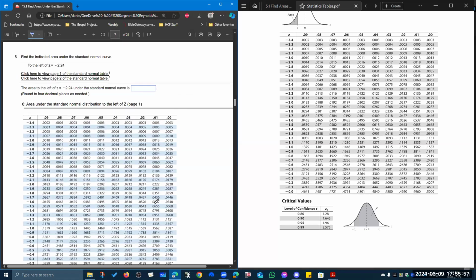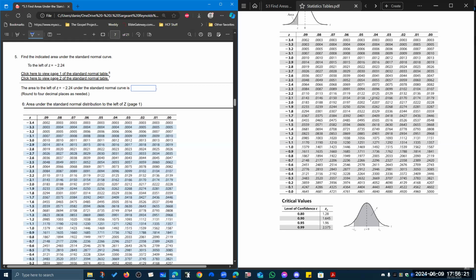And now we're asked to find the indicated area under the normal curve. The area to the left of z equals negative 2.24 under the normal curve. So we're going to look up negative 2.2 and then go 0, 1, 2, 3, 4.